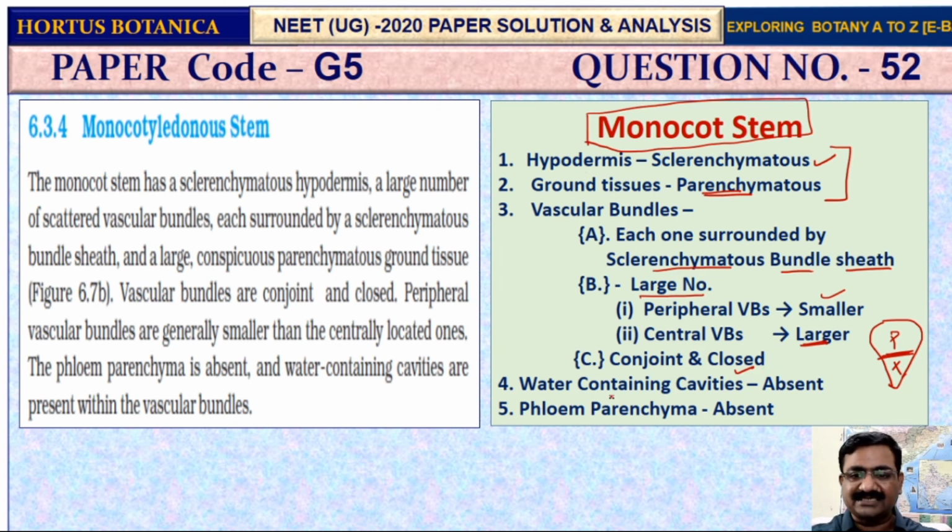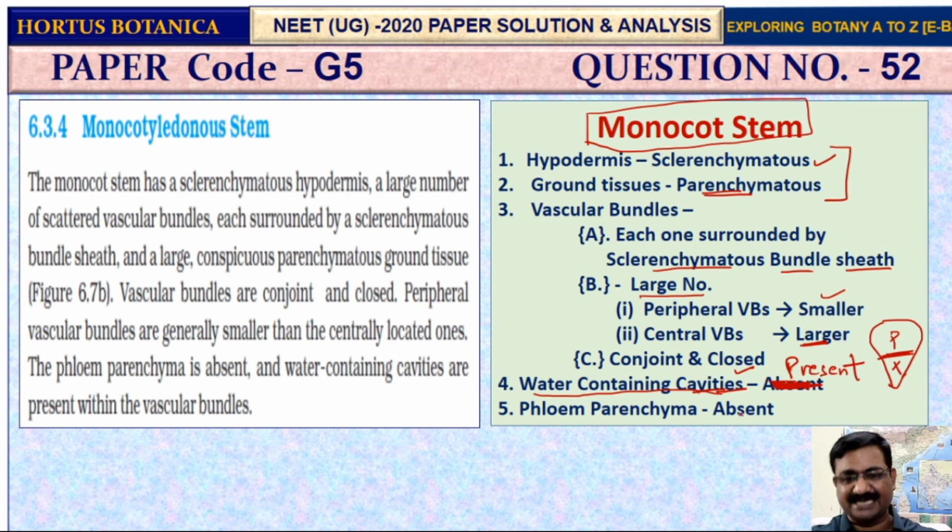Now, the water containing cavity forms by the lysigenous cavity, and you will find it present. This is the characteristic feature of this plant. It is also called the xylem cavity because protoxylem forms this very important structure.